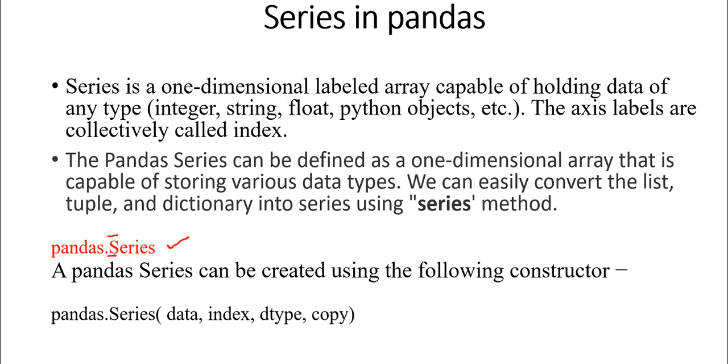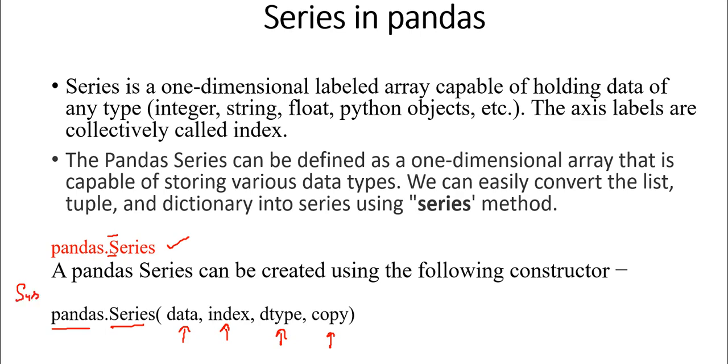A Pandas series can be created using the following constructor: pandas.Series, in which you have four attributes: data, index, dtype, and copy. This is the syntax of the Pandas series object.